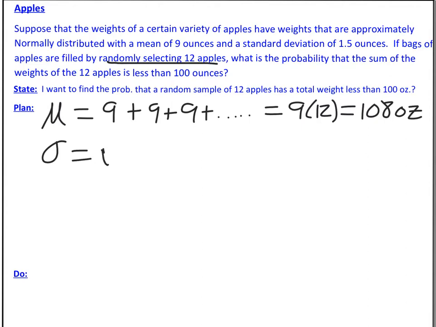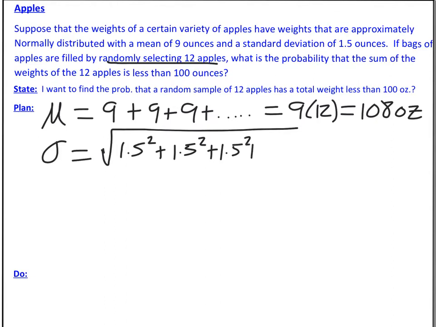Underneath a big square root, what would happen is we'd have the variance, which is 1.5 squared, plus 1.5 squared, and we continue.